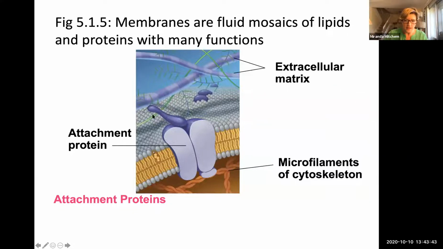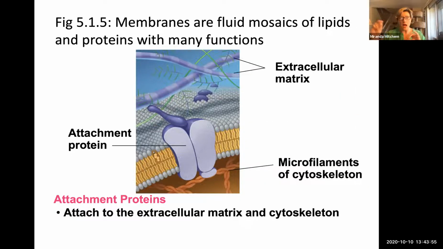And then up here, we're looking at attachment to whatever this yellow, purple protein is. So attachment proteins either attach to the cytoskeleton or to something in the extracellular matrix. And we're seeing examples of both of those things happening here.